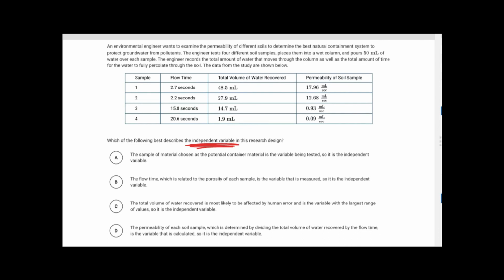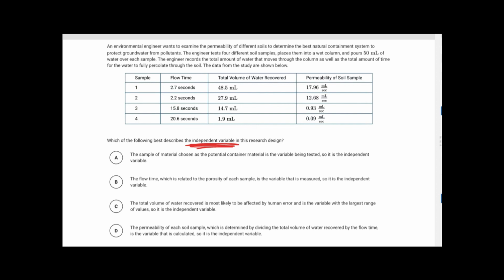That's a good one. That's a really good answer. I teach physics too, and in physics we always say the independent variable is always time. It's always time. Yeah, right?